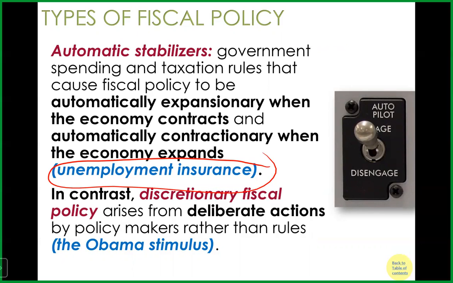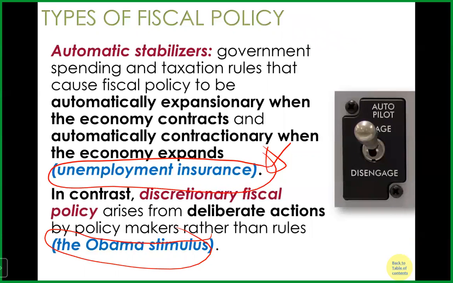What's the difference? The difference is that unemployment insurance is kind of written in the law or the constitution. It's going to apply automatically. Not only does it apply automatically, it will also automatically stabilize our economy.